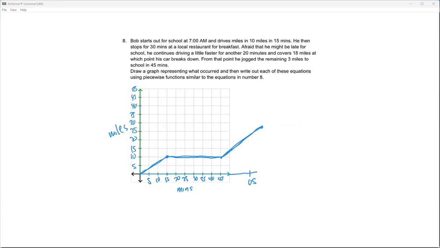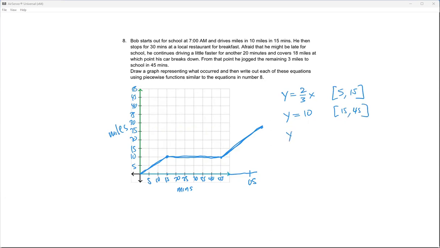And draw a graph representing what occurred, and then write out each of these equations. So the equation would be y equals, the slope would be rise over run, 10 over 15, so it'd be 2/3x between 5 and 15. y would equal 10 between 15 and 45.